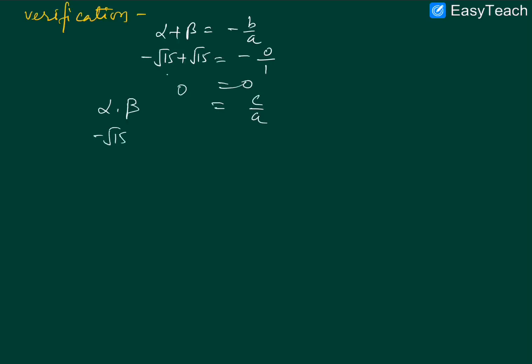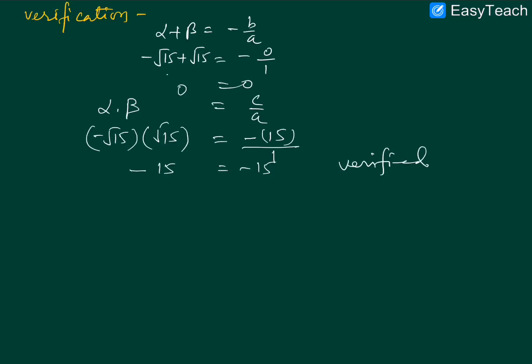Alpha is minus root 15 into beta is plus root 15, and here c is minus 15 and a is 1. So, minus root 15 into plus root 15 gives minus 15. Both sides are equal, hence the relation is verified.